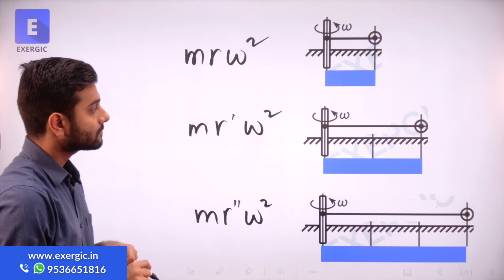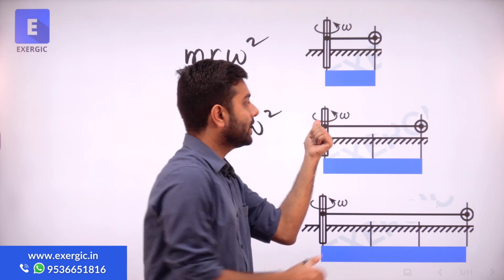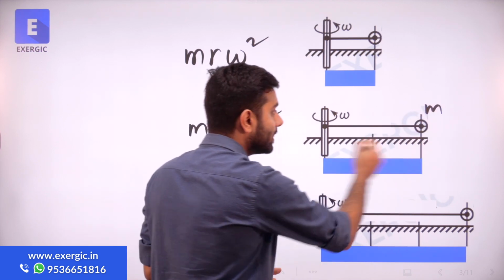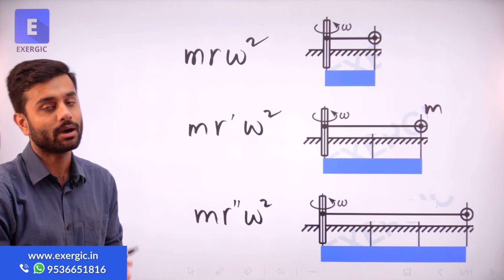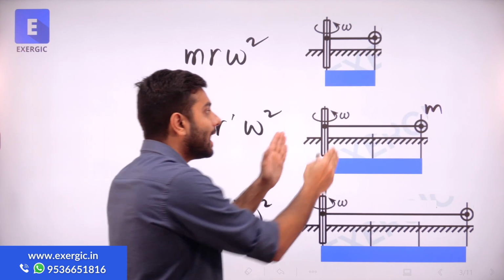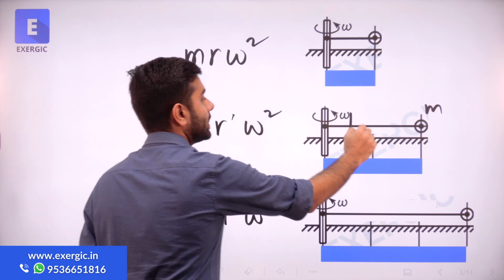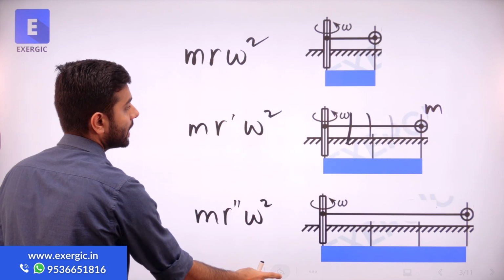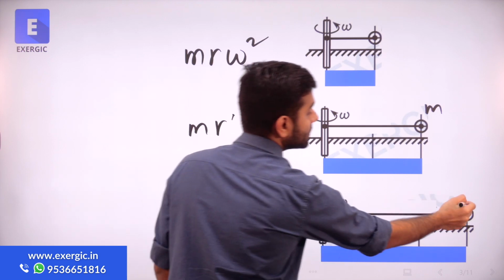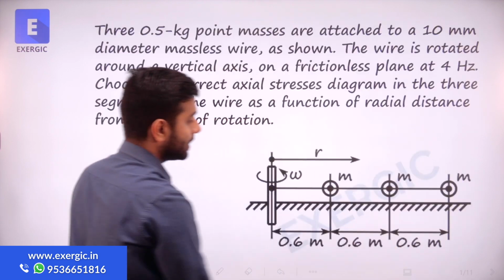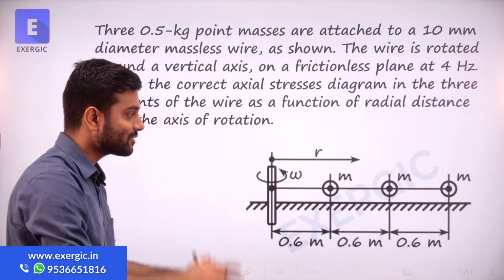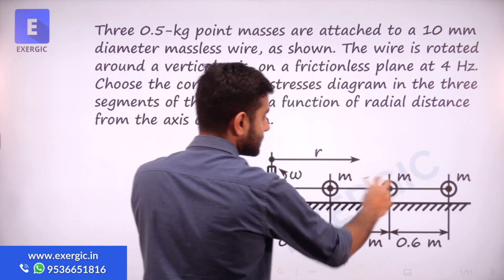So here, between this point and this mass m, again there is a centrifugal force, m r omega square, for which r is this much. Constant value, wherever you cut, m r omega square, this value you are going to get. And similarly, when I consider the third mass, there are three masses, right? Coming back to the question, 1, 2 and 3.